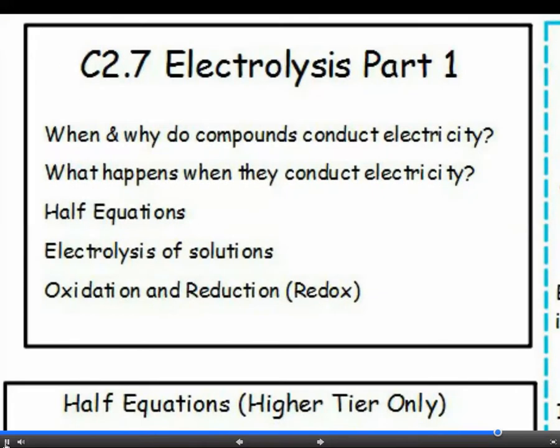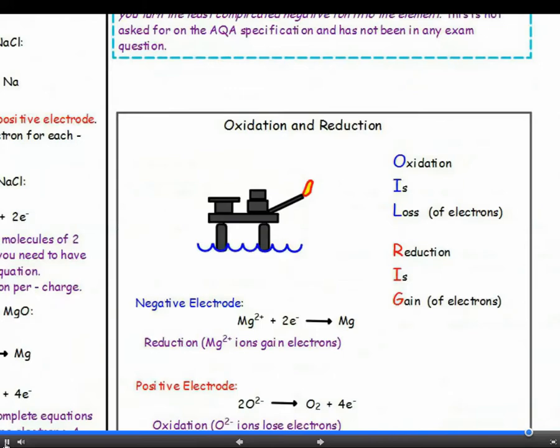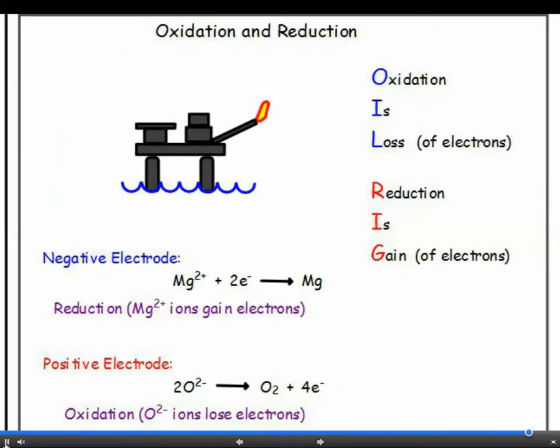You need to say what oxidation and reduction are in terms of electrons being gained or lost, and then link these to the half equations that you have written. Use the OIL RIG mnemonic to help you remember it.